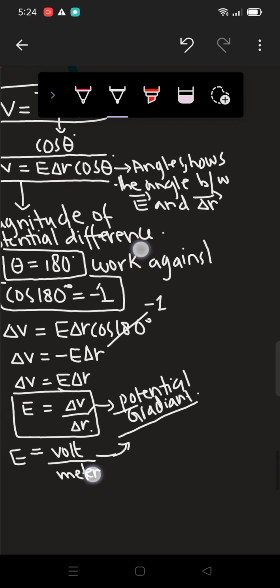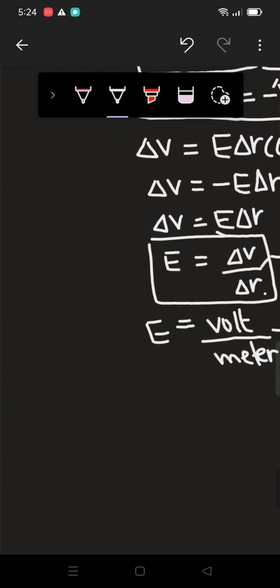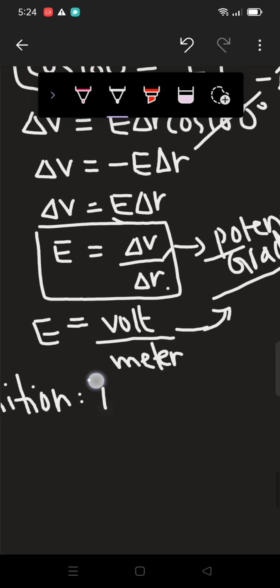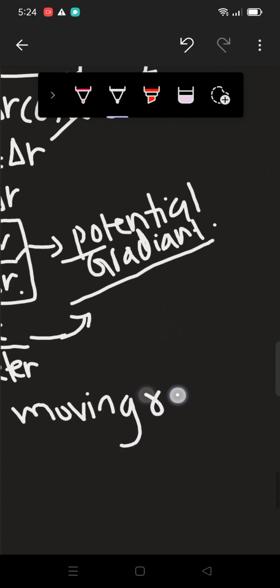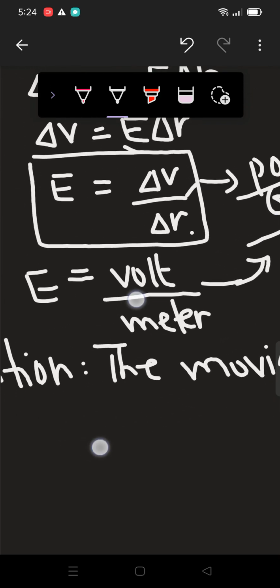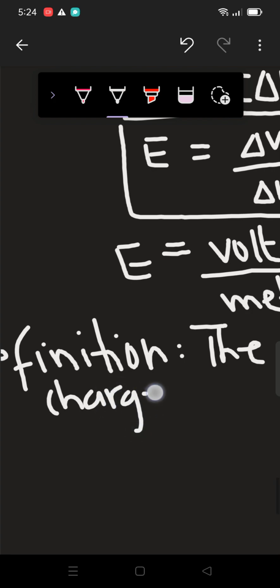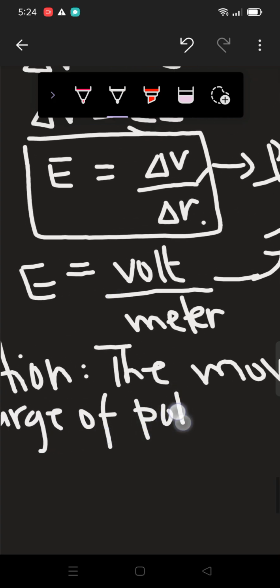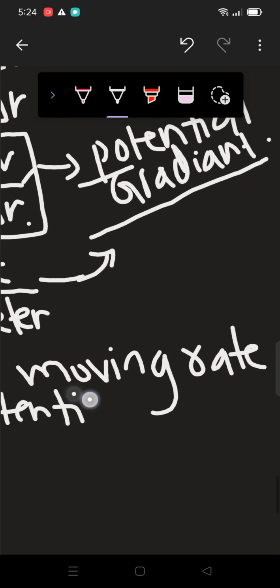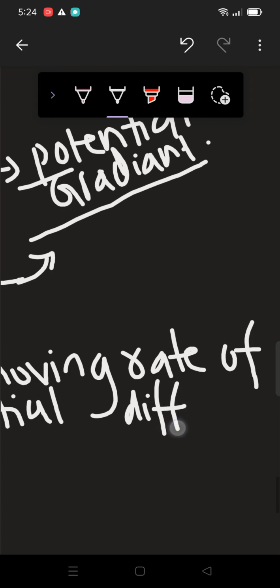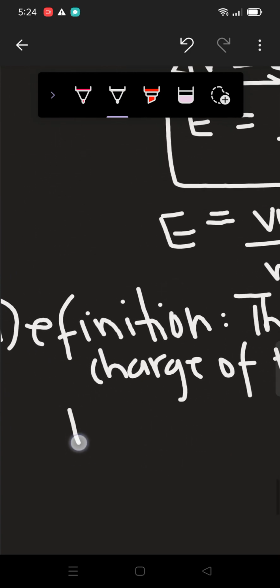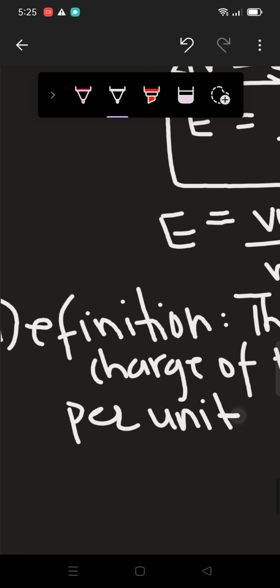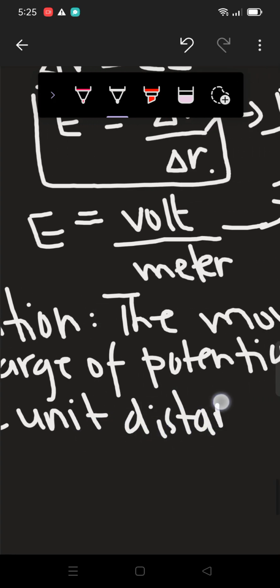Now let me tell you the definition of what this potential gradient actually is. The rate of change of potential difference with respect to distance, or per unit distance, is what we call the potential gradient.